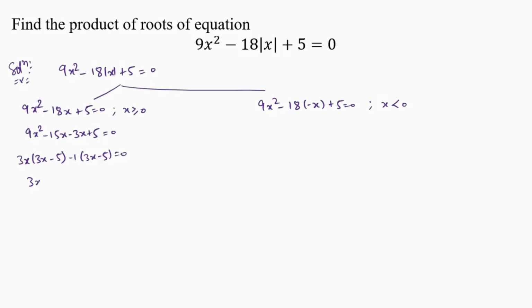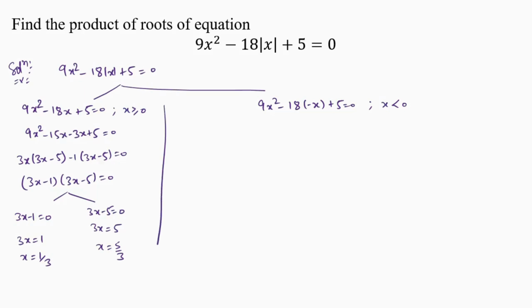So we get 3x minus 1 times 3x minus 5 equals to 0. So from here we get two equations, 3x minus 1 equals to 0 and 3x minus 5 equals to 0. So from the first case we get 3x equals to 1, so x equals to 1 by 3. And from the second case 3x equals to 5, so x equals to 5 by 3.